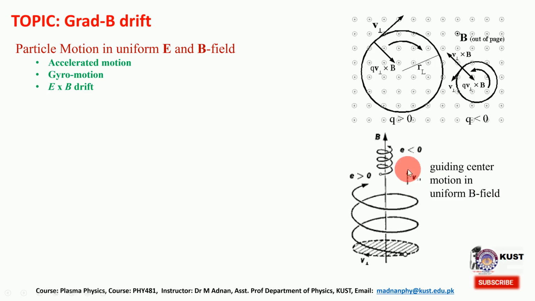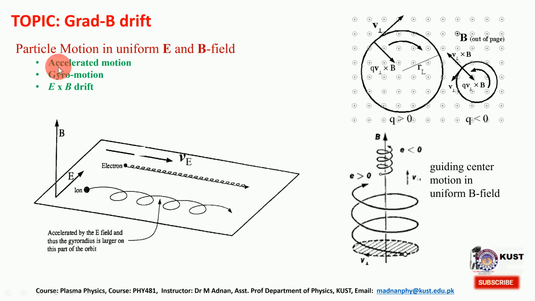So if there is a finite parallel velocity, that can be due to the component of the electric field parallel to the magnetic field, or it may be due to the oblique direction of the charged particle while entering a region where a magnetic field is there.